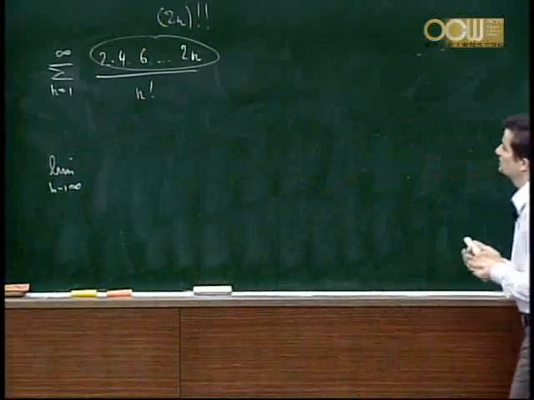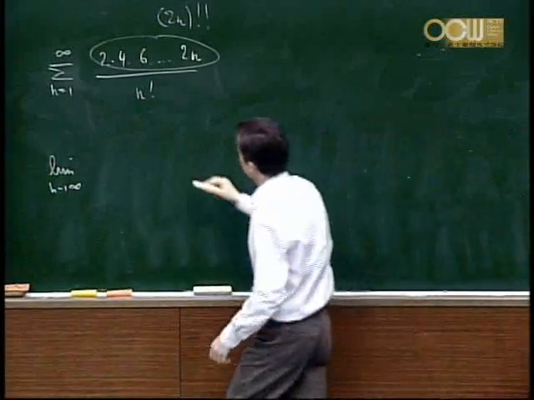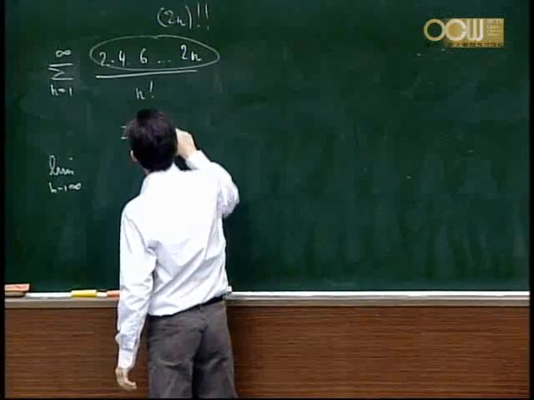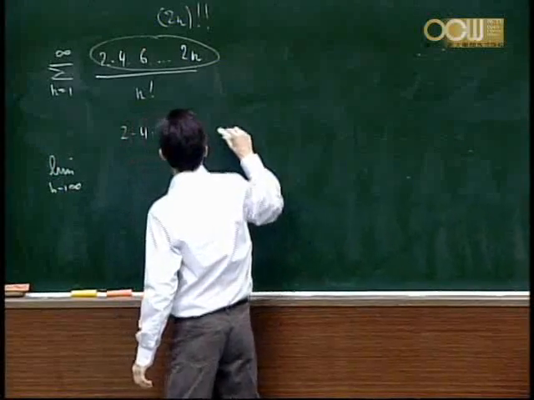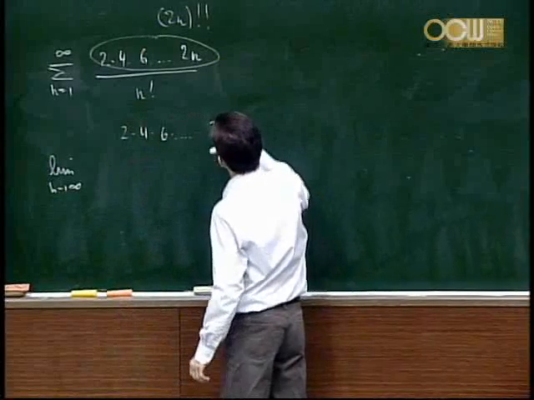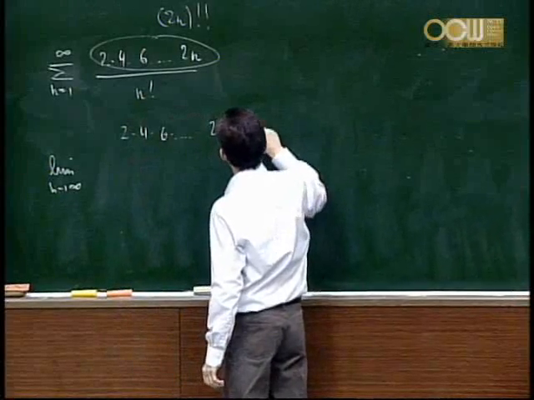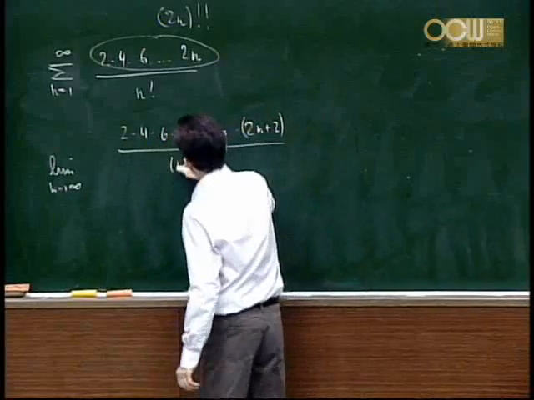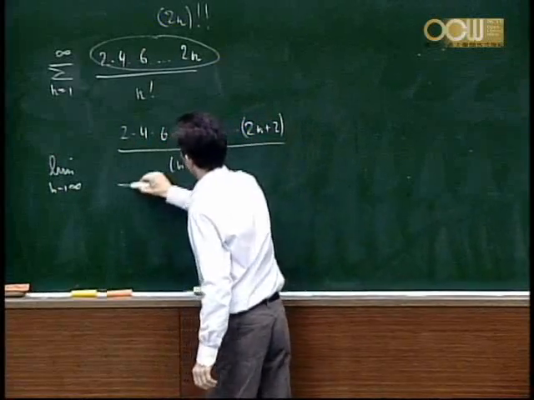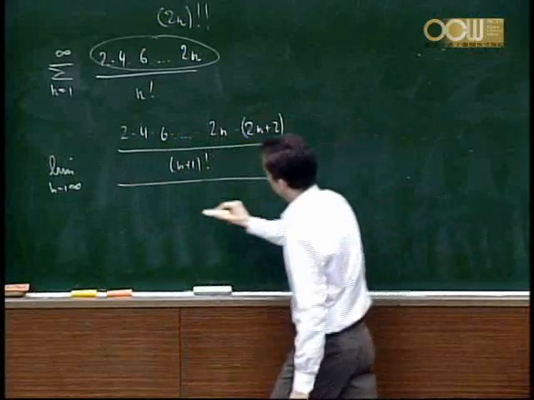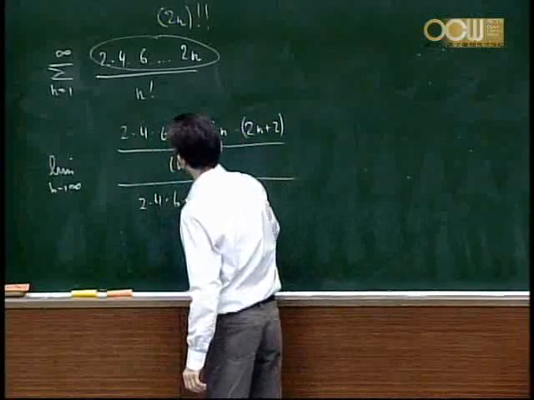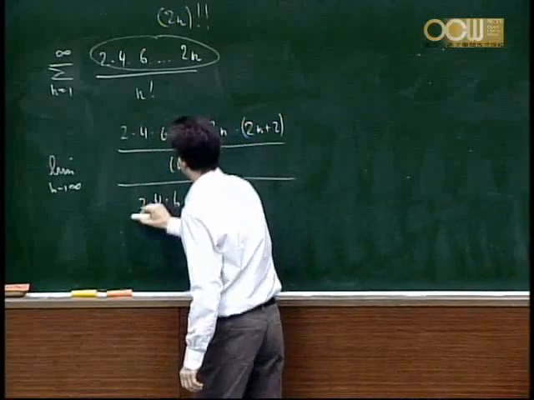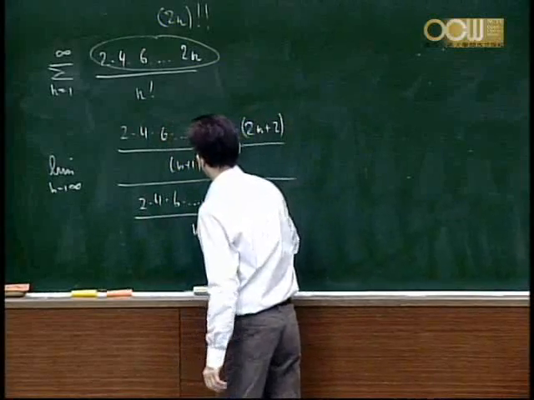So if we look at the ratio, we have 2 times 4 times 6 and so on up to 2n. We have to replace n by n+1, so we have this one over (n+1) factorial, over the same thing, 2 times 4 times 6 up to 2n, over n factorial.